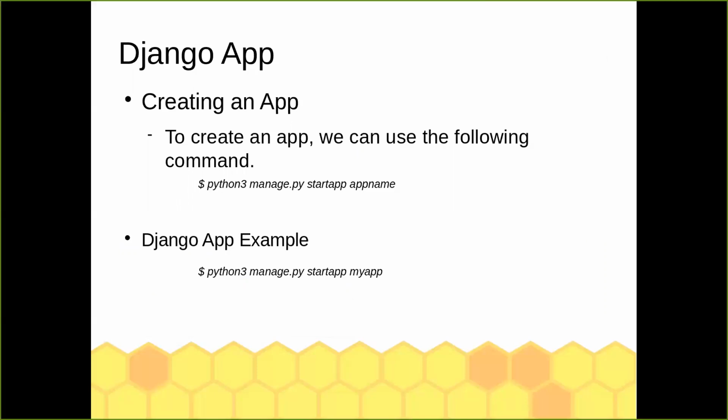Django app. We have seen the procedure to create a Django project. Now, in this topic, we will create an app inside the created project. A Django application consists of a project and apps.